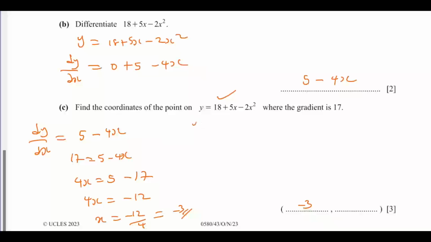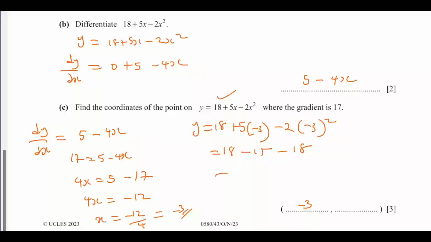That means we're going to have y equals 18 plus 5 into negative 3, then minus 2 into negative 3 squared. So this will give us 18 minus 15. Negative 3 squared will be 9, then negative 2 times 9 will be negative 18.